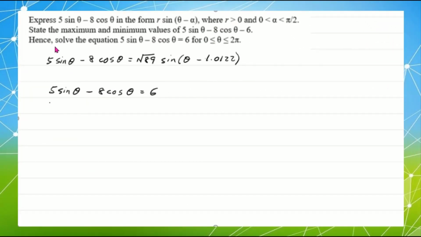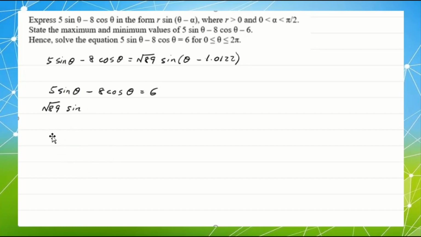Now we go to the last part of the question. Solve the equation 5 sine theta minus 8 cos theta equals 6. Now when we compare the equation with the answer from the first part, we find that we can replace 5 sine theta minus 8 cos theta with the R formula that we got in the first part.